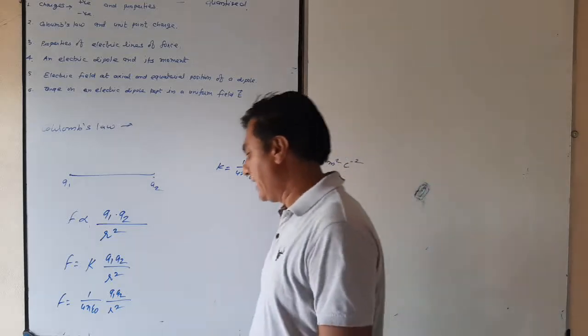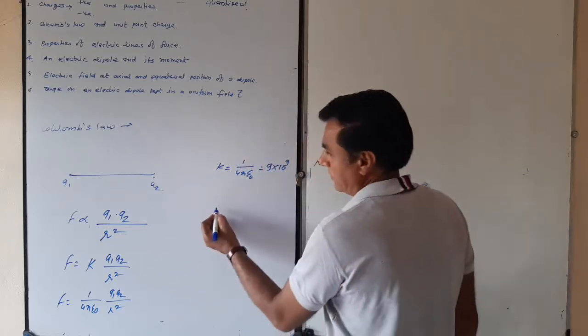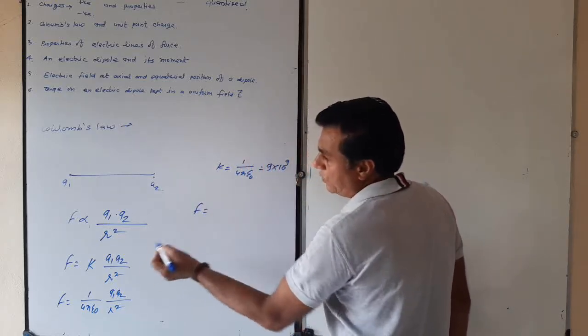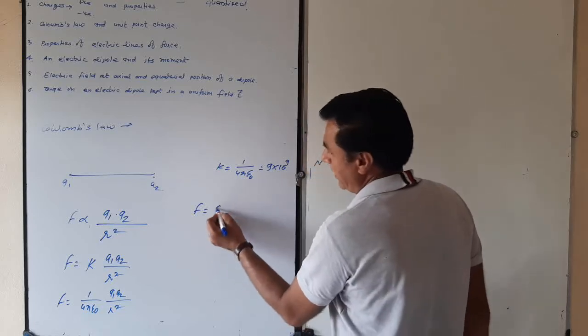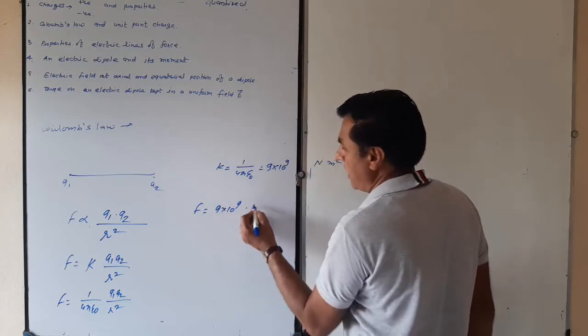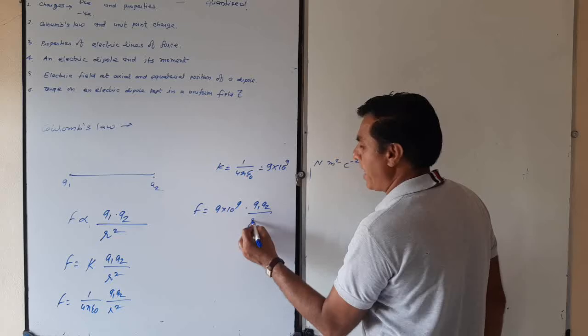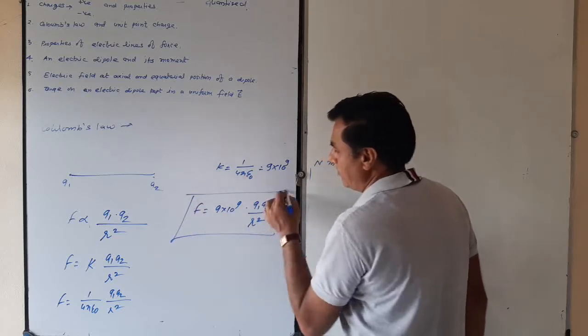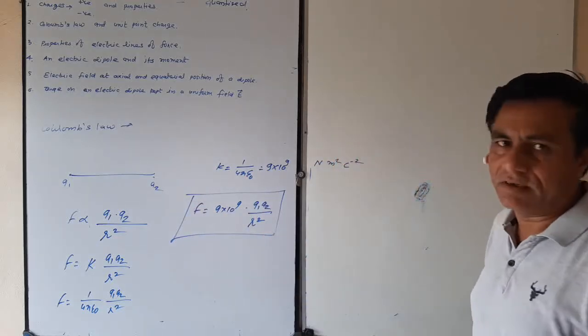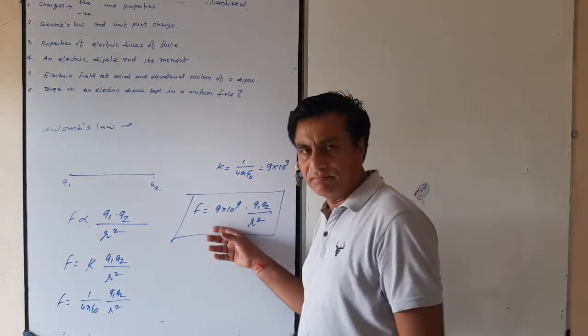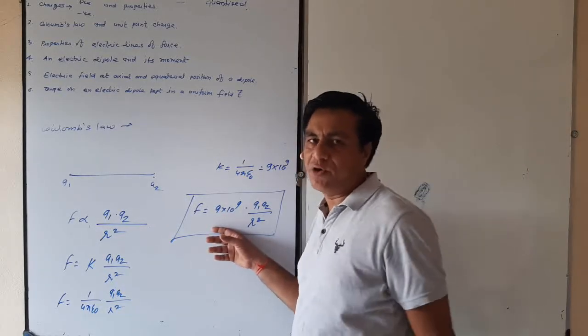Now you can write Coulomb's formula as 9 cross 10 to the power 9 Q1 Q2 by R square. It is the mathematical expression of Coulomb's law for air or vacuum medium.